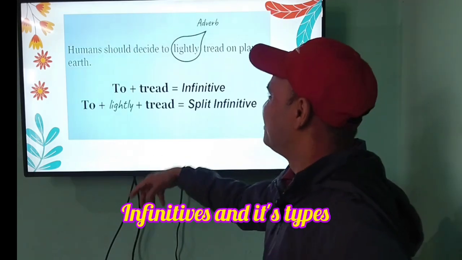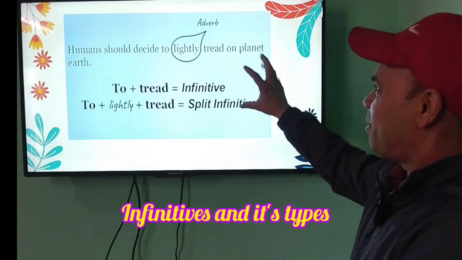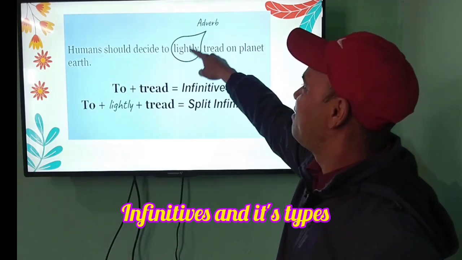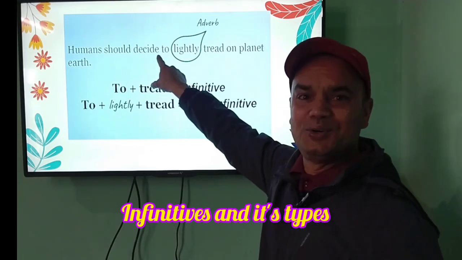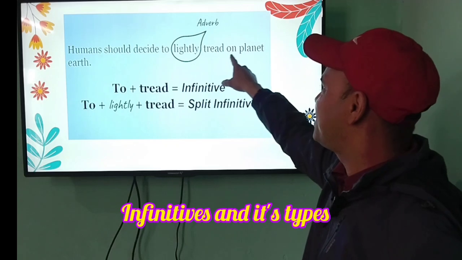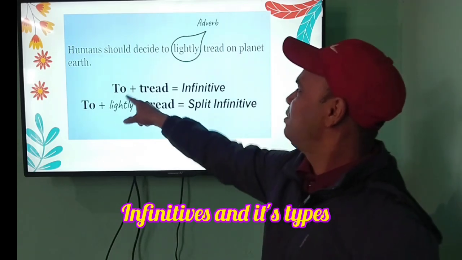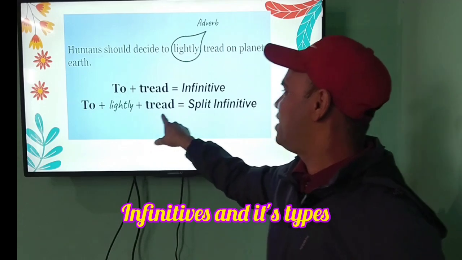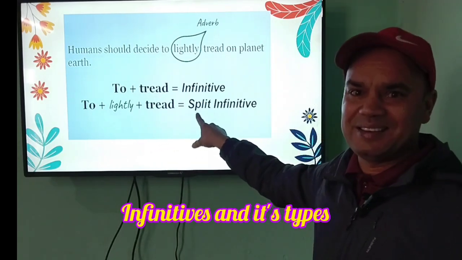You can see this more clearly here. This is the adverb lightly, and this is to, and this is the infinitive. Women should decide to lightly tread on planet Earth. To tread is the infinitive, to lightly tread is a split infinitive. Understand?